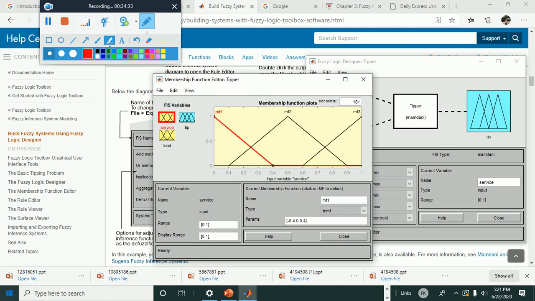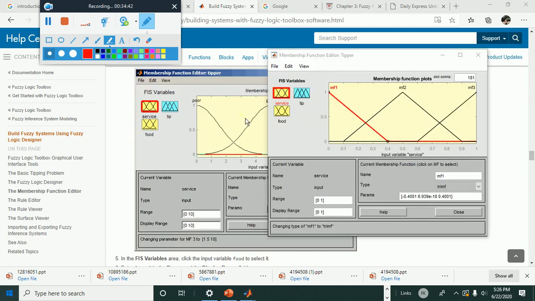These are the membership functions: mf1 membership function 1, mf2 membership function 2, and mf3 membership function 3. By default it uses the trimf function. So we will change that function from trimf to the Gaussian function. So here we will select it.